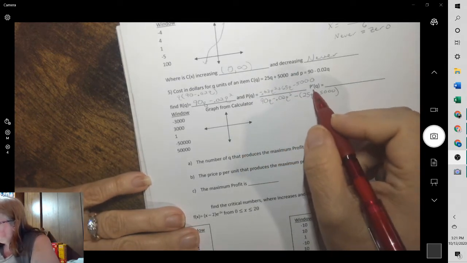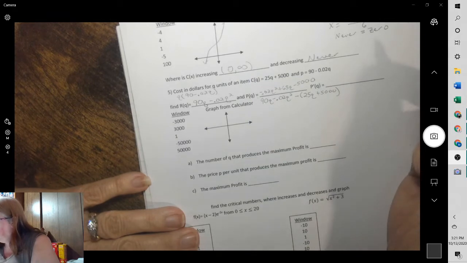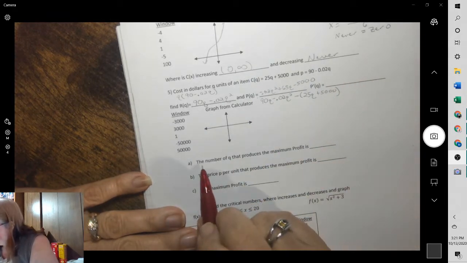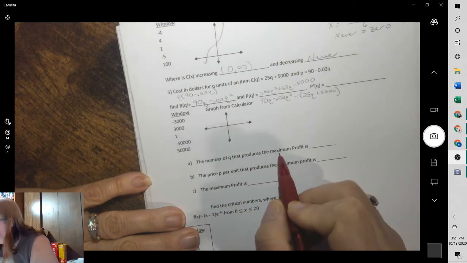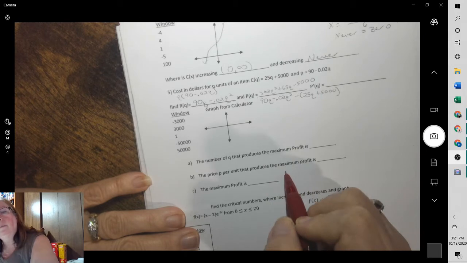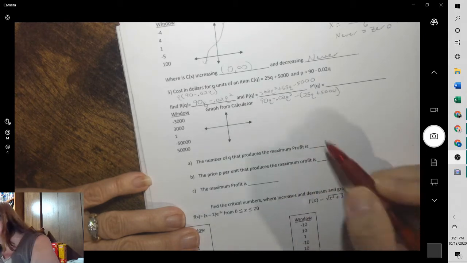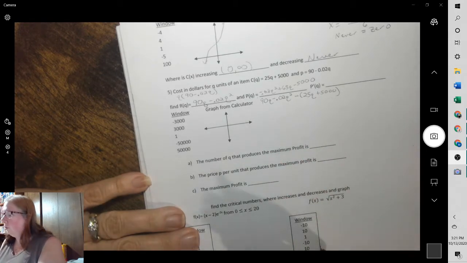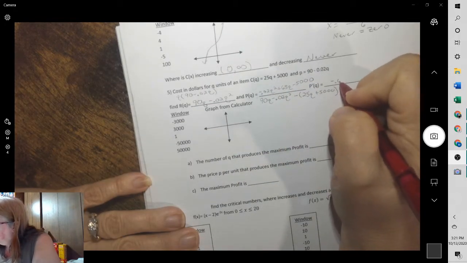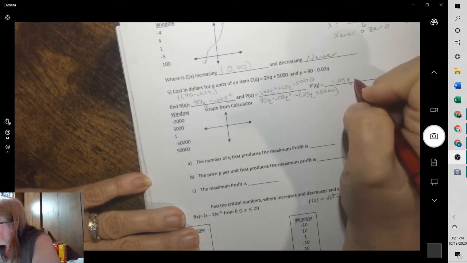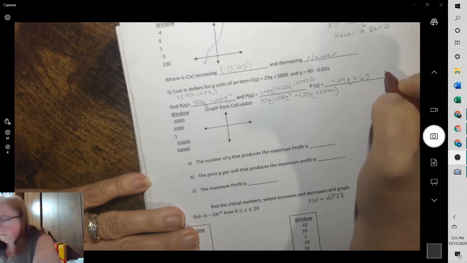We want to take the derivative of it, because to find critical numbers you need to take the derivative. The reason is to find the number of Q that produces a maximum profit. To find max and min, that's where your increasing and decreasing change, so you need your critical number. If we take the derivative, we have a negative 0.04Q plus 65.